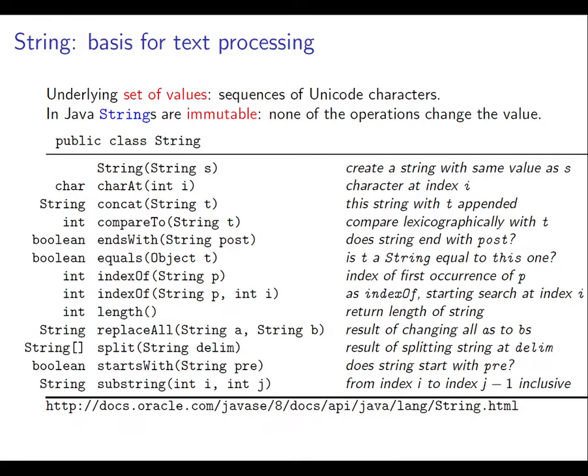What happens is that the receiving string object isn't changed because it's immutable, and instead the return value of that method is another string. You can see that the return value is String there in the API, and the string which is returned has the value which is the original string with the argument string concatenated.